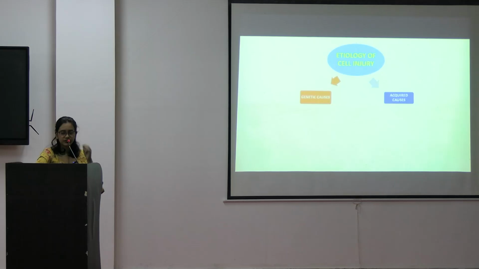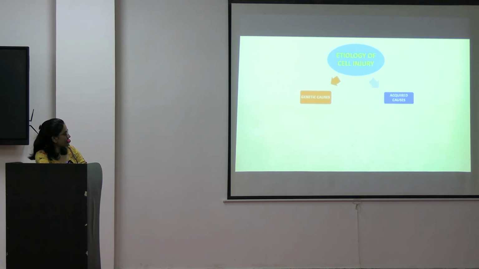Anybody would like to volunteer with the answer? Yes, correct. Yeah. So what happens in inborn errors of metabolism is that there is accumulation of misfolded proteins within the cell. So what do these misfolded proteins act as? They act as toxic or injurious agent which hampers the function of the cell, resulting in cell injury.